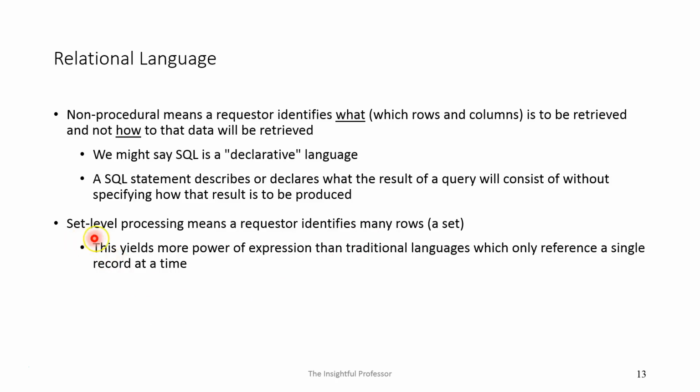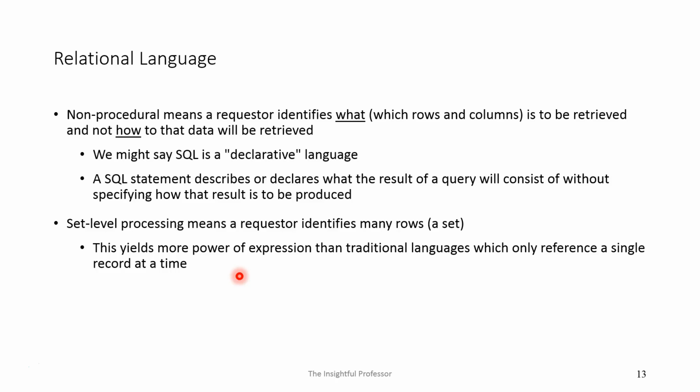Now, set level processing, the other major characteristic, means that a requester identifies many rows, a whole set of rows, by saying, for example, I'm interested in all of those staff members who work in the theology department, or all of those staff members who have a salary greater than 500. You're not saying one, but you're saying everyone who qualifies comes back.